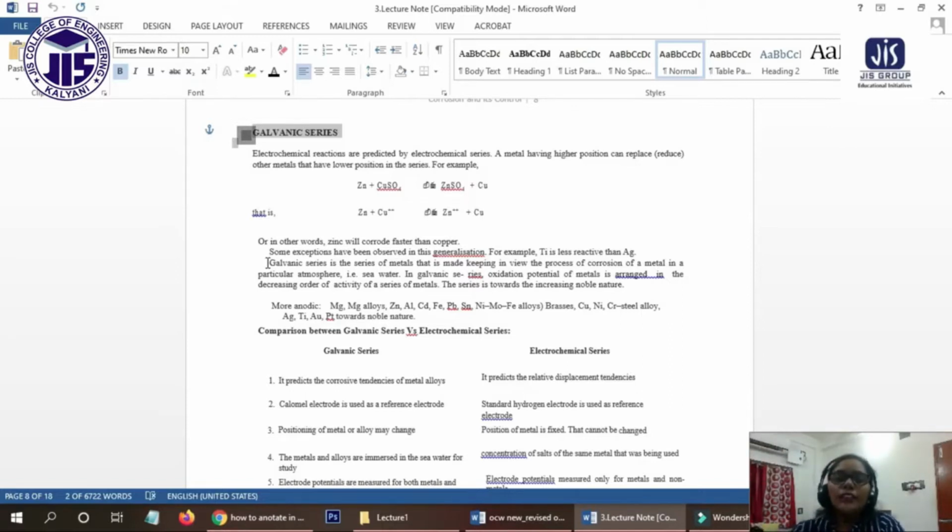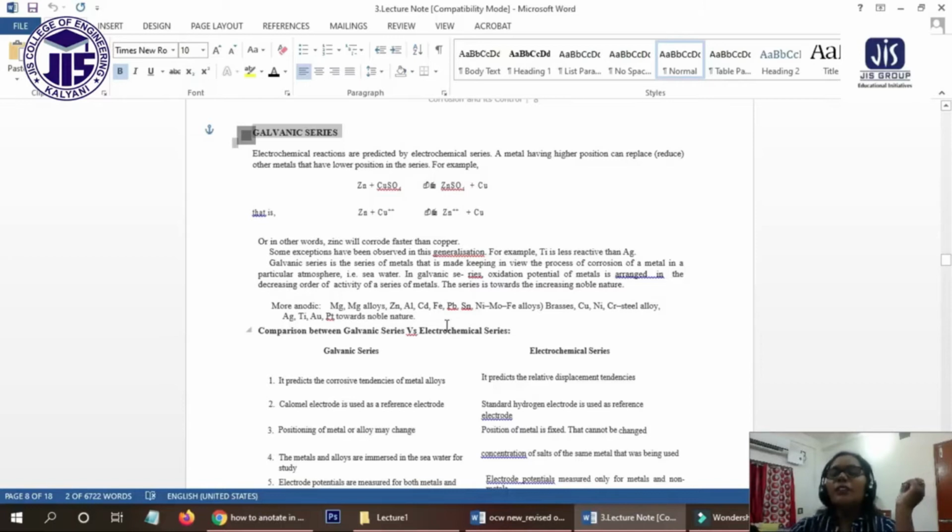These are some of the metals: magnesium alloys, then zinc, aluminium, cadmium, iron, lead, tin. You can see zinc is higher than iron, and tin is lower than iron. So according to this galvanic series, the oxidation potential of zinc is higher than that of iron, and then tin.